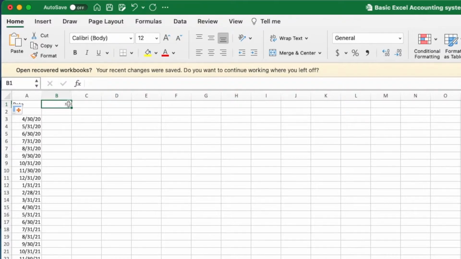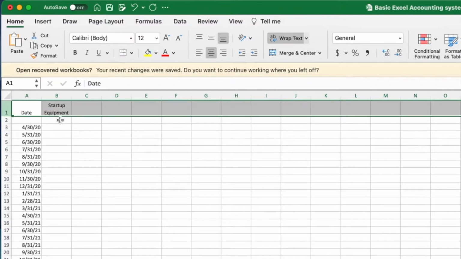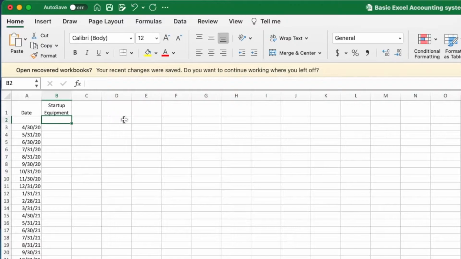We're going to say this is our startup equipment. I'm going to just format these, wrap the text. There we go. And then this is going to be our useful life in the second row. So this is going to be 48 months is our useful life.